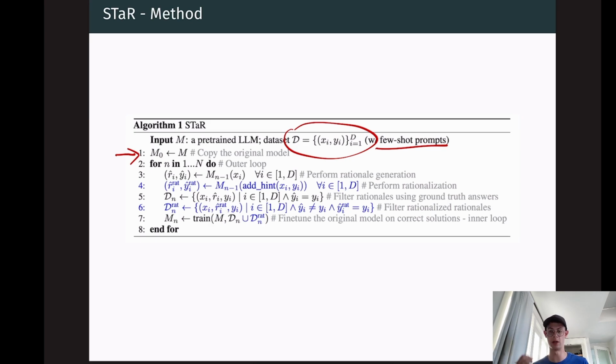And now we're going to do a loop of rationales, fine-tunings, and then further rationale generations until we either converge or we hit a certain number of steps. So step one is given our model, we're going to generate some rationales.